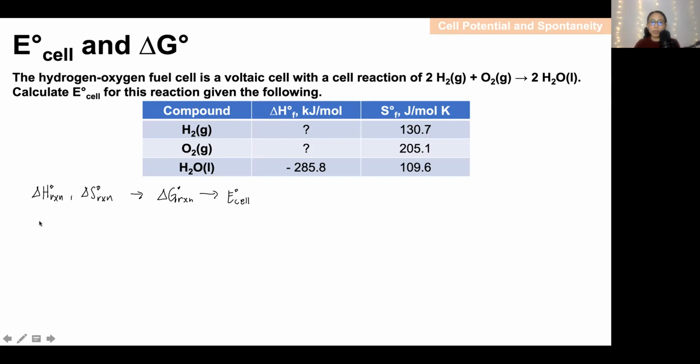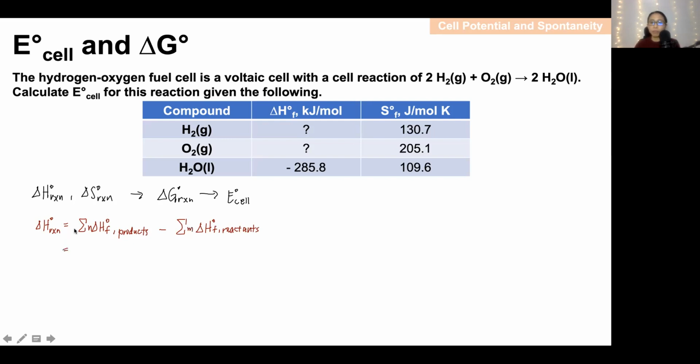So we need to go back to our formula, which is the summation of the delta H naught of formation of our products multiplied by their corresponding coefficients minus the summation of the delta H naught F of our reactants multiplied by their corresponding coefficients.